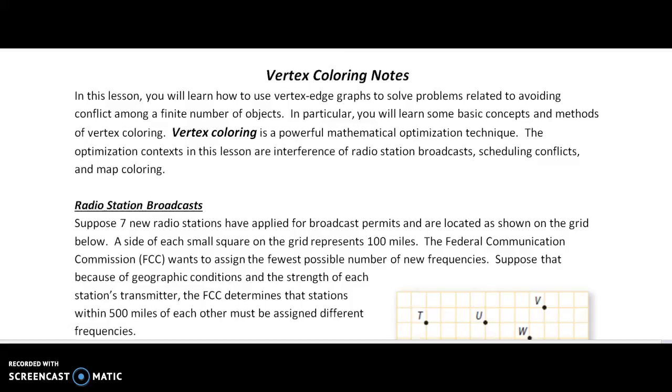Okay. Another example was a floor plan, and I know 5th hour did not quite get to this. Some of you might have looked at it, but here we had different galleries and we had doorways. The doorway represented a way to get from one gallery to the next, and we noticed that some of the galleries only had 2 doorways to other galleries, some had 3, some had 4.